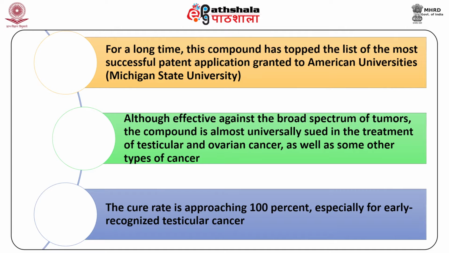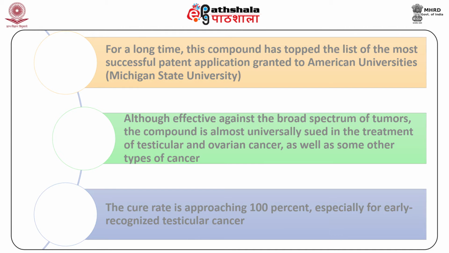Although effective against a broad spectrum of tumors, the compound is almost universally used in the treatment of testicular and ovarian cancer, as well as some other types of cancer. The cure rate is approaching 100%, especially for early recognized testicular cancer.